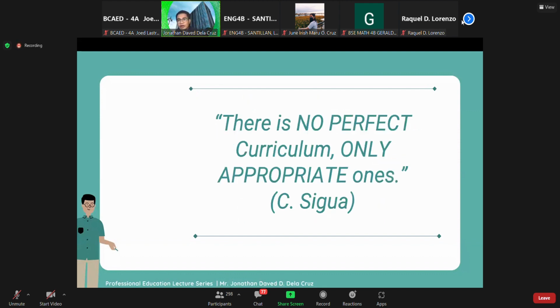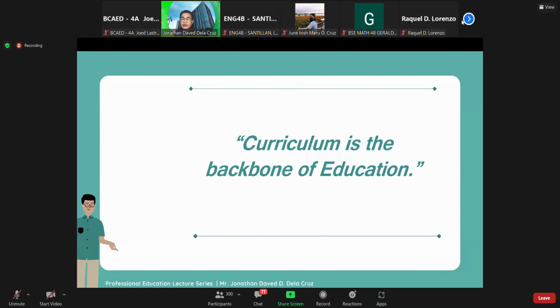According to Dr. Corazon Sigua, my former professor, there is no perfect curriculum, only appropriate ones. Wala pong perfectong curriculum, hindi mas maganda ang curriculum natin kaysa sa curriculum ng mga nanay at tatay natin. It's only just appropriate. It's appropriate during their time and it's appropriate during our time. Take note that the curriculum is the backbone of education.